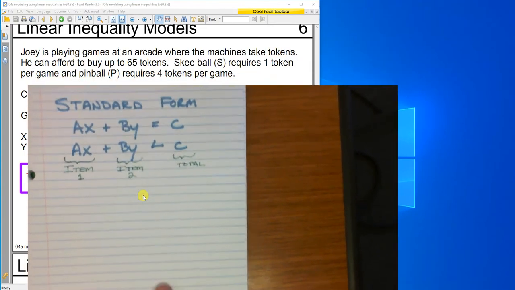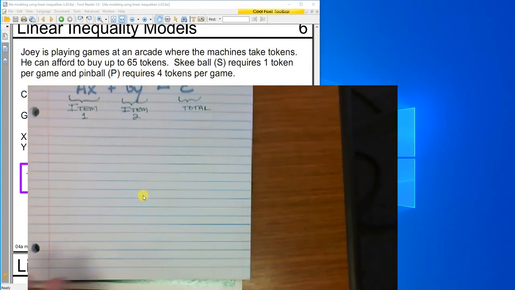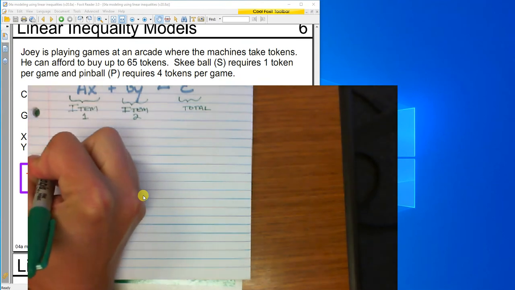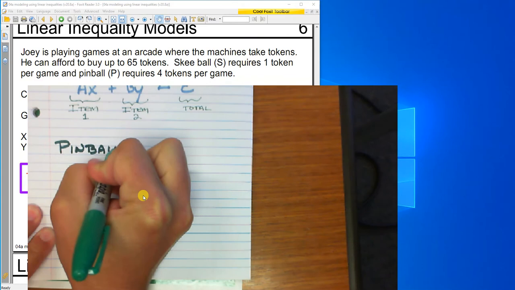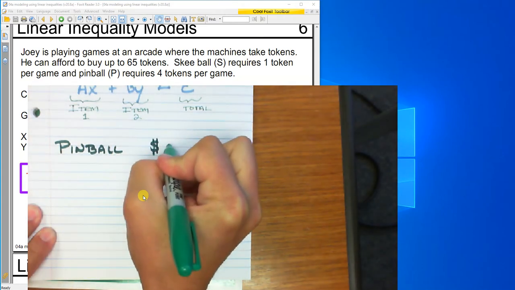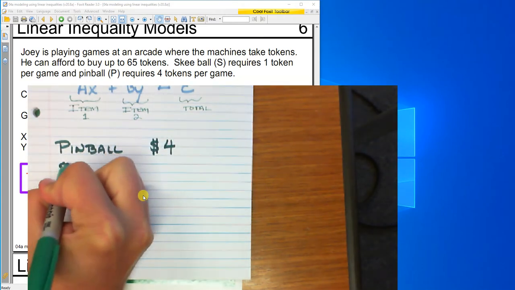So let's get into our notes. Pinball is, we'll call it dollars, okay? Pinball, skee ball.